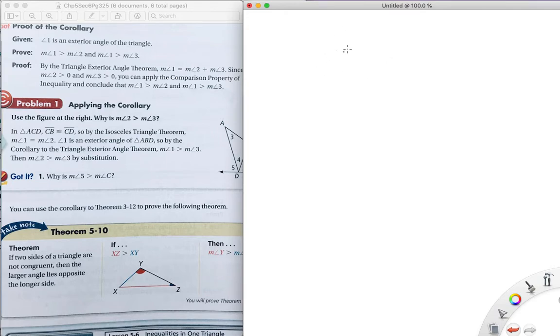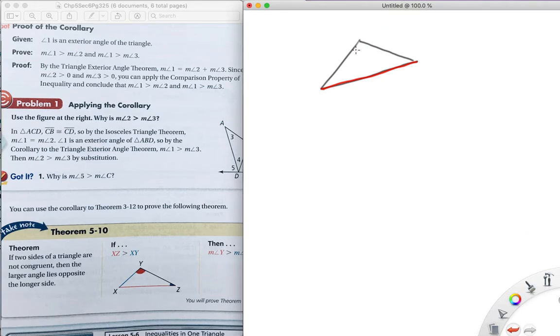So what does that mean? In a triangle, this side is the largest side.